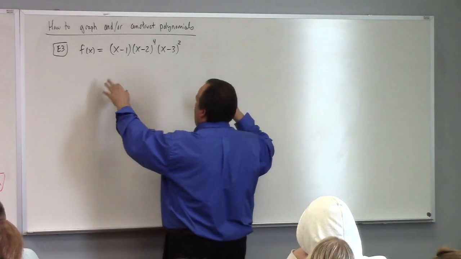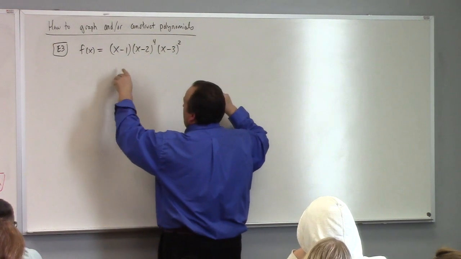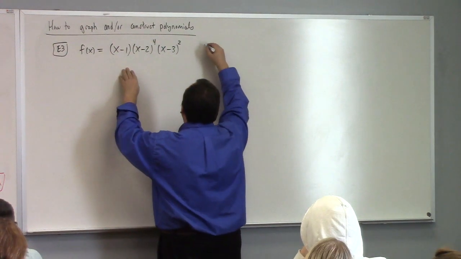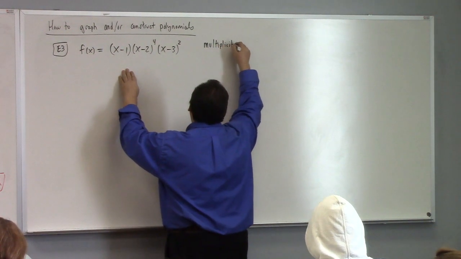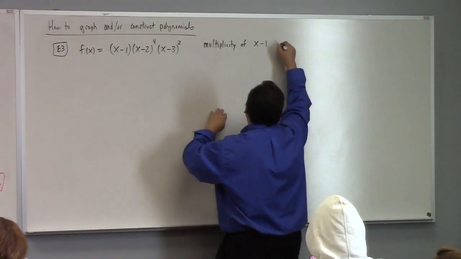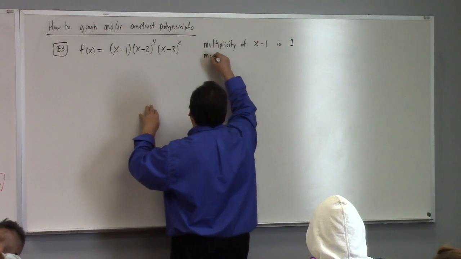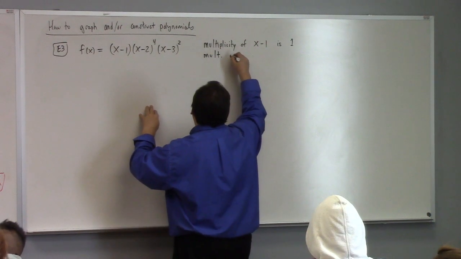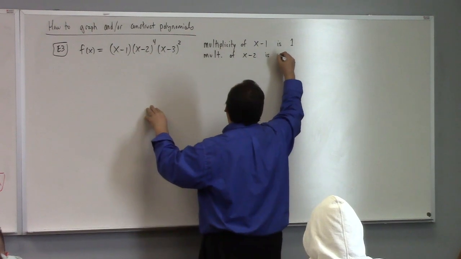That is true. The zeros of f are respectively 1, 2, and 3. The roots of this polynomial are 1, 2, and 3. But here we have the multiplicity of x minus 1 is 1. The multiplicity of x minus 2 is 4.